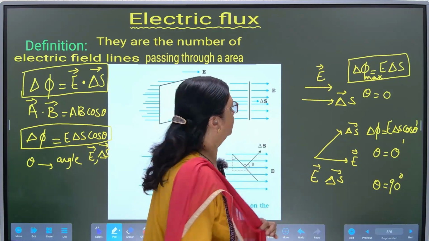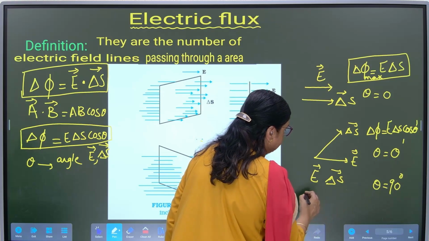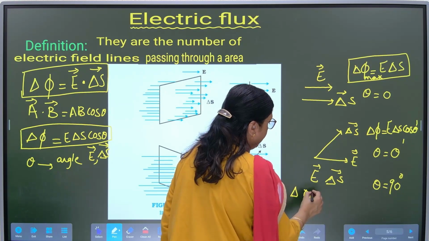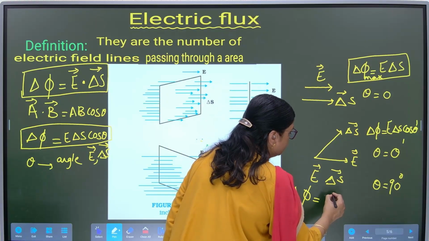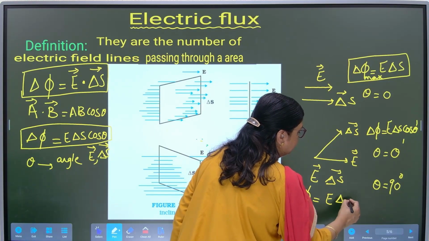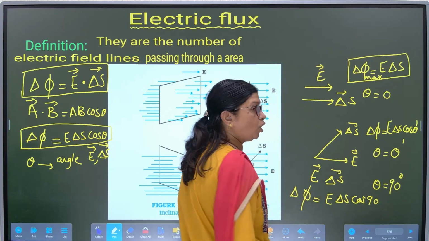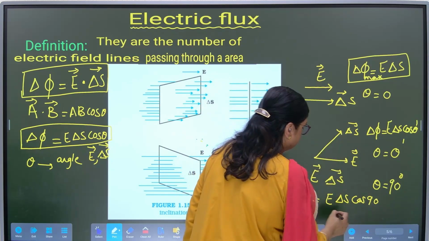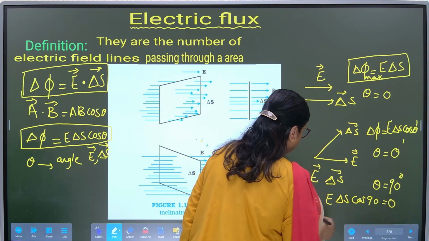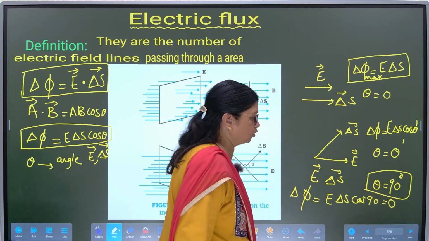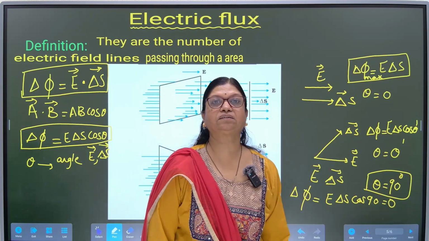Then here in this case, I can write delta phi is equal to E delta S cos 90. What is cos 90? 0. So what is my answer? 0. So in this situation of theta equal to 90, I get flux 0.